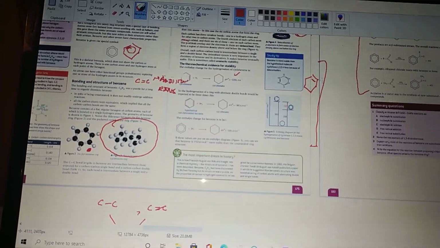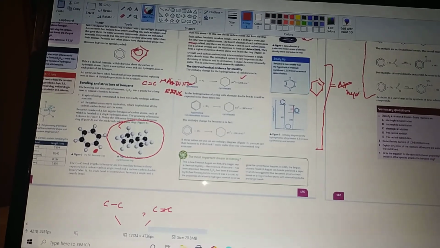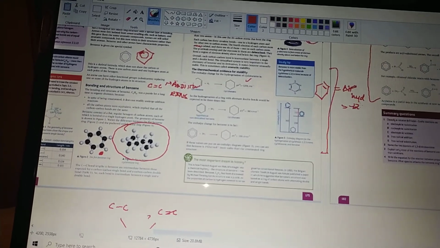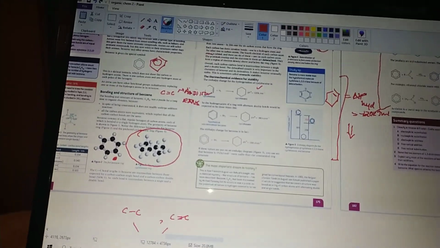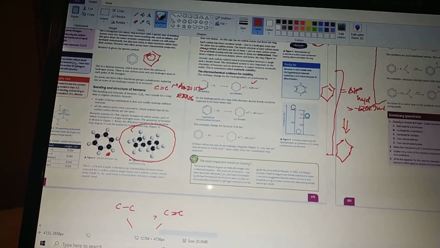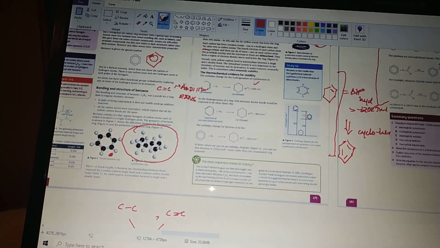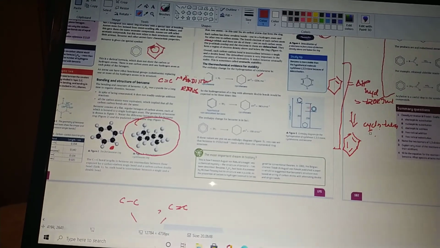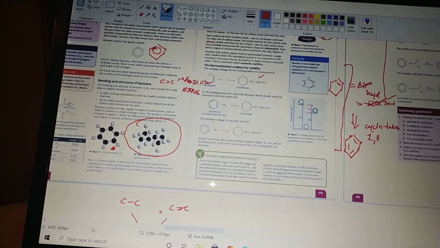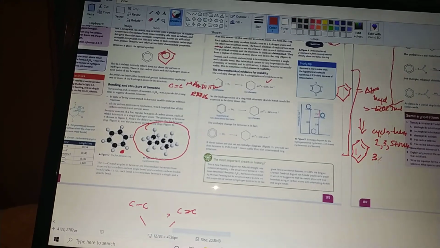In the case of cyclohexene, the standard enthalpy change of hydrogenation was minus 120 kilojoules per mole. So it would be expected that for benzene, cyclohexa-1,3,5-triene, it would be 3 times this number.